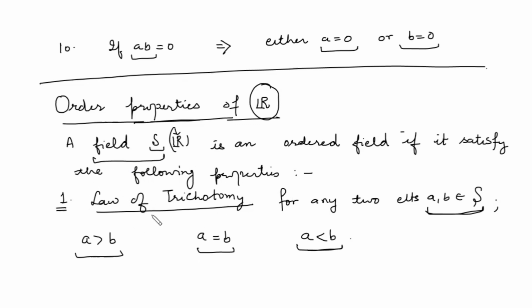The first one is the law of trichotomy, which says that if you have any two elements from the set S, then one and only one of the following is true: either A is strictly greater than B, or they are equal, or A is less than B. Is this property clear?